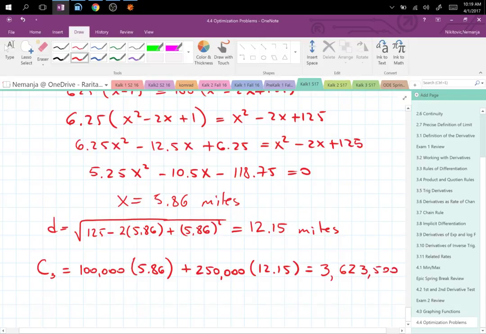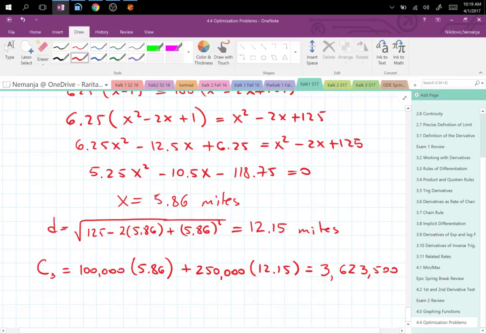Which means that there is some major mistake somewhere along the line. Yeah, that's true, because it didn't make sense when you got 12.15. It's got to be a lot smaller.